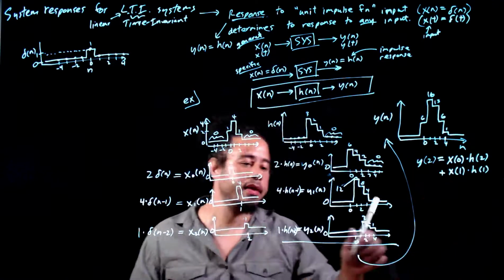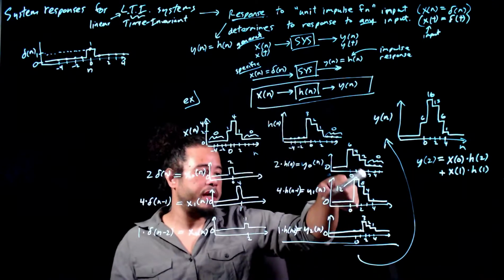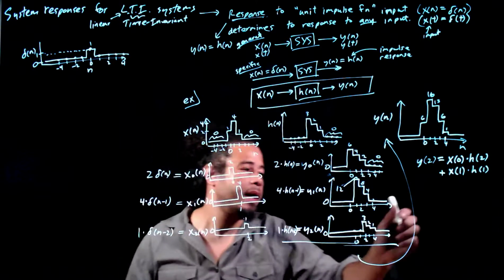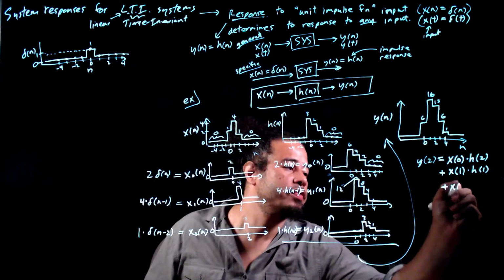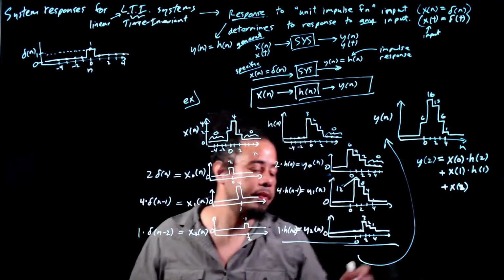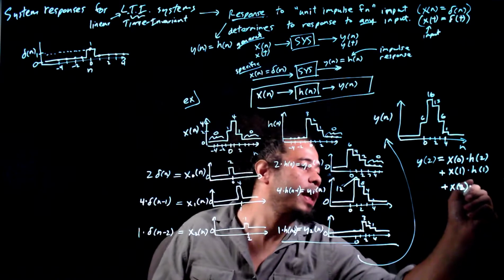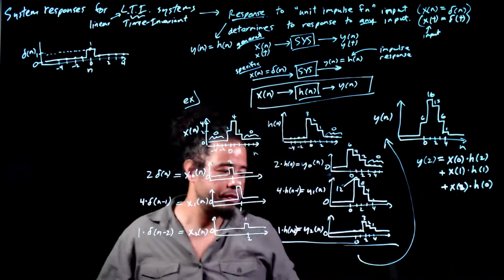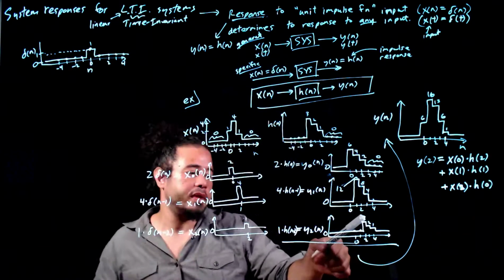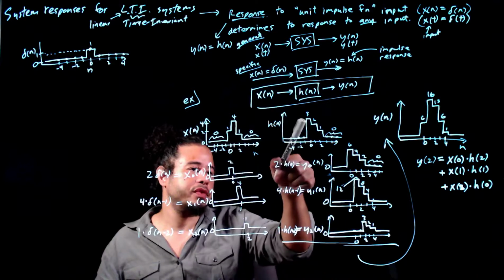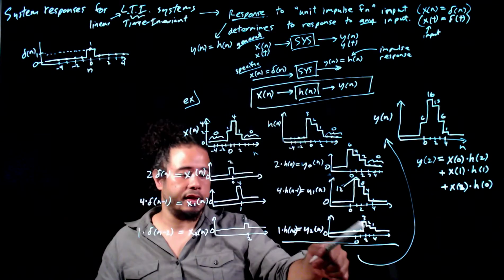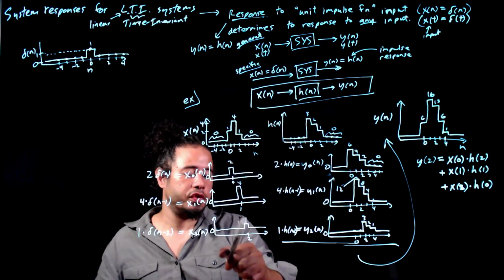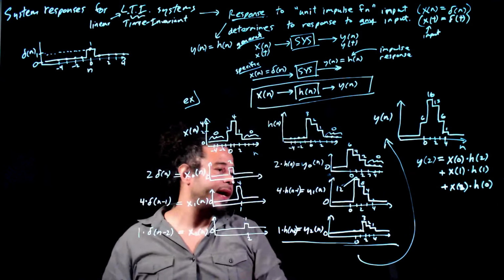And then the third thing that we're going to add is this value of 3, and this 3 comes from x of 2 multiplied by h of 0. It's the first step in this impulse response, h of 0, multiplied by the scaling of the input at time 2, which is x of 2, which just happens to be 1 here, so things aren't actually scaled.